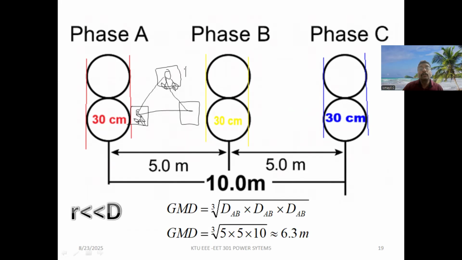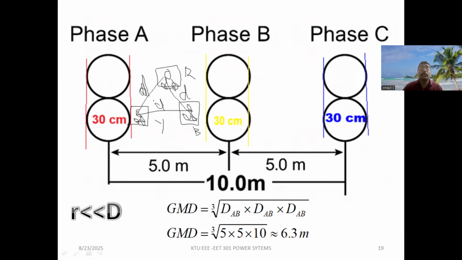Suppose this is R, suppose this is Y, and in the B phase also there will be three bundled conductors placed at the corners of an equilateral triangle. Suppose the distance between these bundled conductors is again D, let it be D. That is, the bundled conductors themselves are placed at the corners of an equilateral triangle.